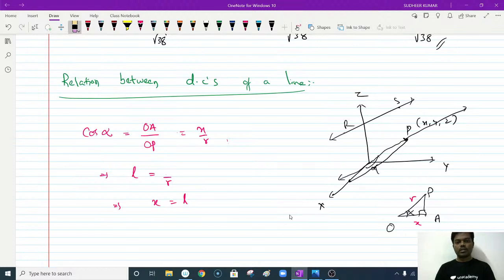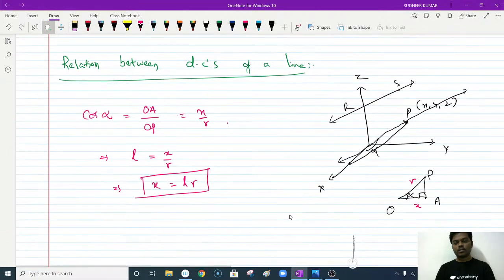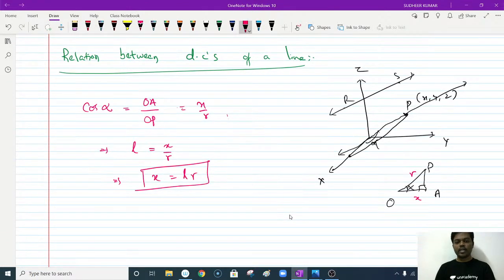Similarly, if we take the remaining two coordinates, we'll get two more triangles. So M equal to y by R, so y equal to MR. And N equal to z by R, so z equal to NR.